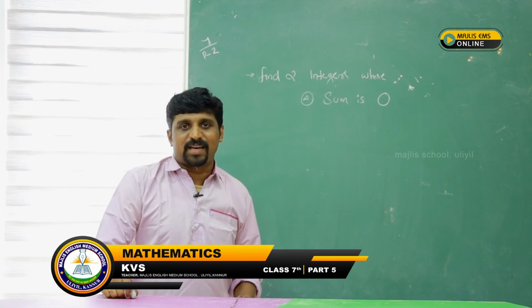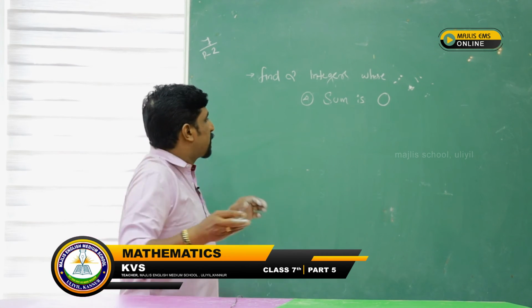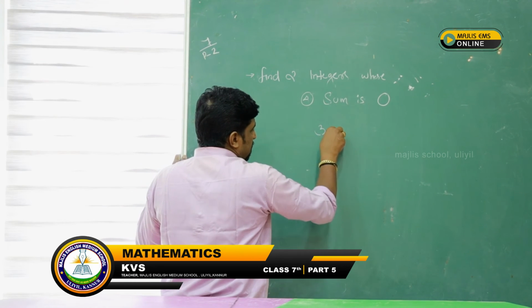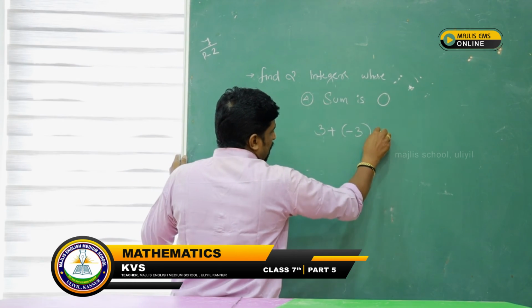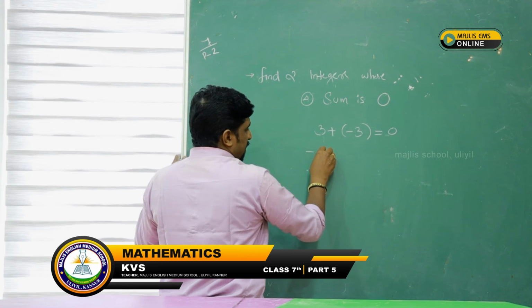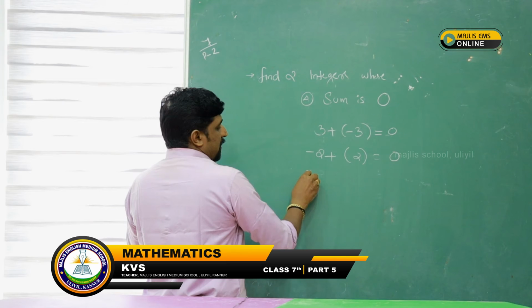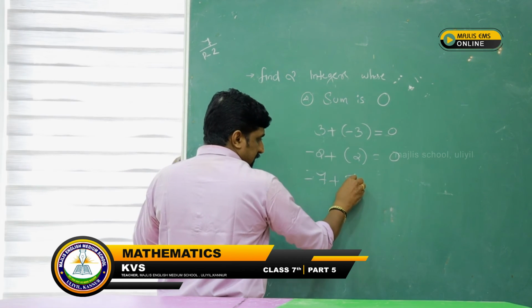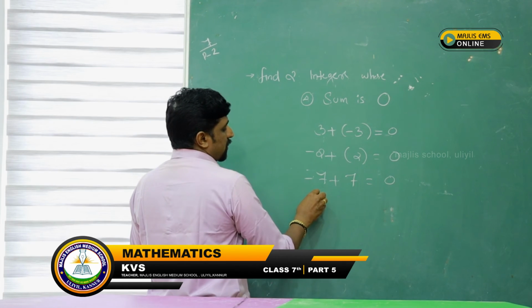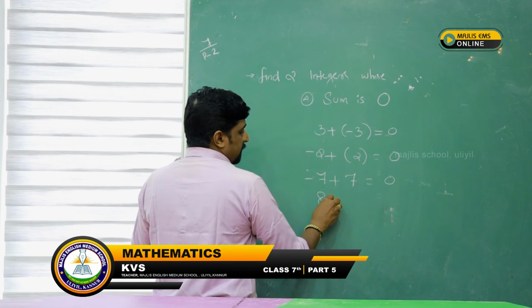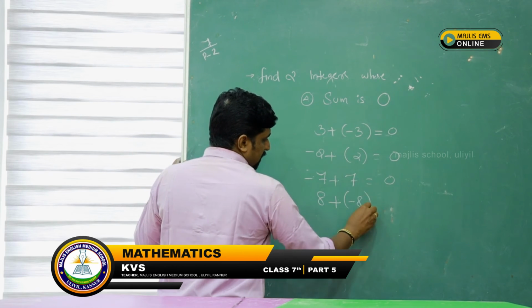Yes, they have different signs. Suppose 3 plus minus 3 equal to 0. Minus 2 plus 2 equal to 0. Minus 7 plus 7 equal to 0. 8 plus minus 8 equal to 0.